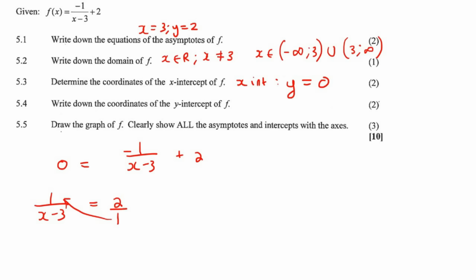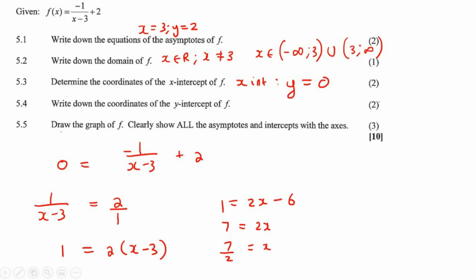So that 1 can be multiplied there, and this x minus 3 can be multiplied onto that side. So that's going to give us 1 equals 2(x minus 3), and so 1 is equal to 2x minus 6, so 2x is going to be equal to 7, and then x would be equal to 7 over 2.